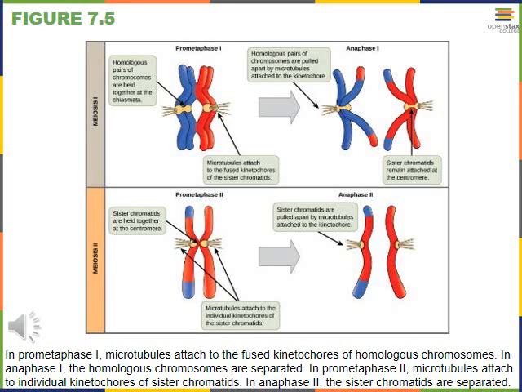From metaphase 1, the spindles will move into anaphase 1, and those spindles are going to start separating the two homologous pairs. They're still attached in the center at the end of anaphase 1 by the centromere.